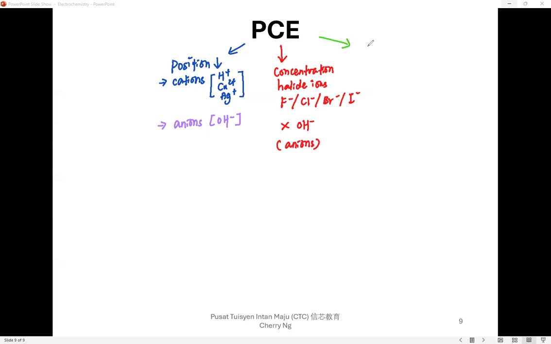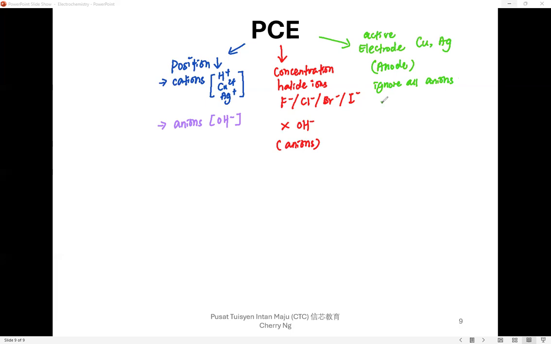The last one is E, which stands for electrode. What kind of electrode? It must be the active electrode, where we refer to copper and silver. This one affects the anode only, meaning we will ignore all the anions and only look at the anode itself.